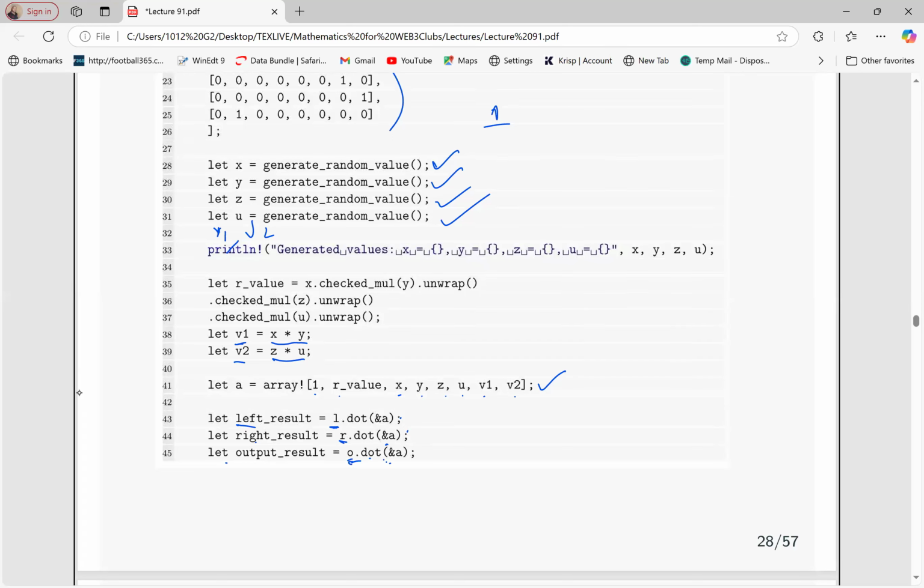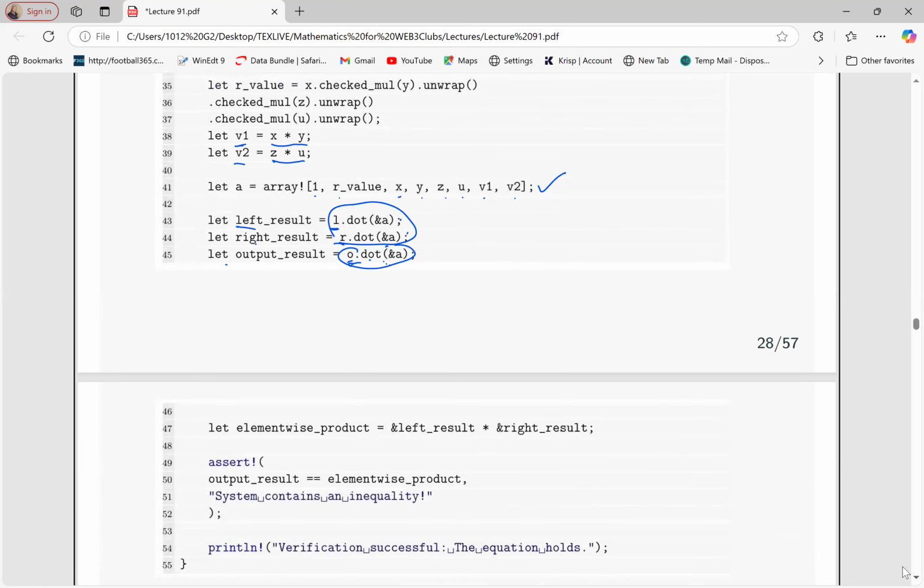Now, we want to verify that this equals this product. So that is what I then ask it. Ask it for the element-wise product: left result times right result.